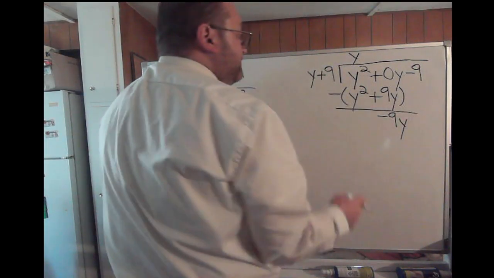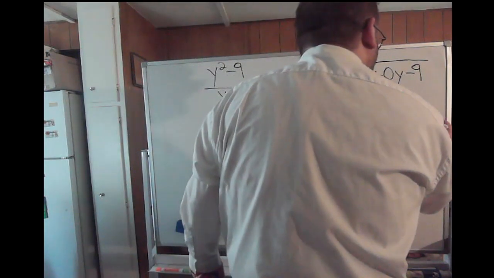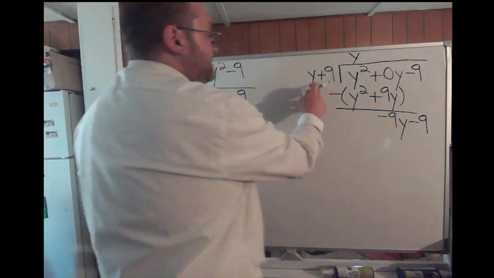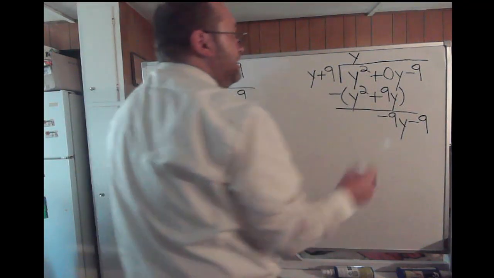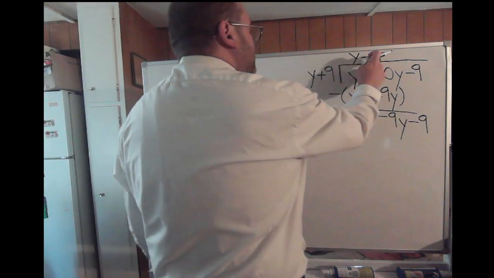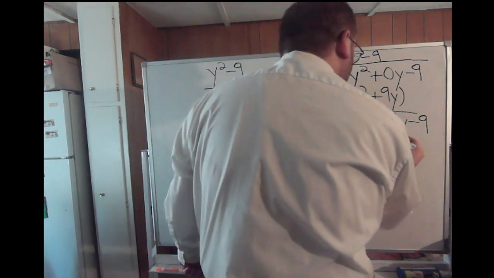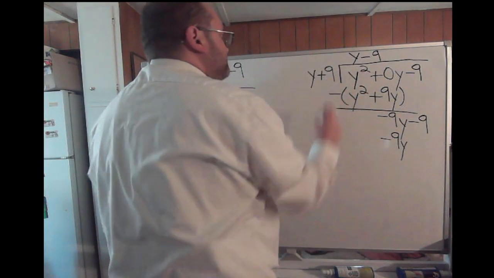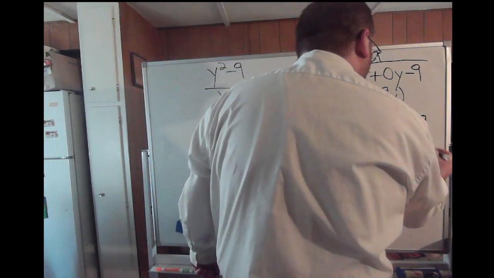Once you get your negative 9y, bring down your negative 9 from the dividend. So y times what equals negative 9y? Well, that'd be negative 9. So you take that negative 9 times y, you get negative 9y. Then you have negative 9 times positive 9, that'd be negative 81.